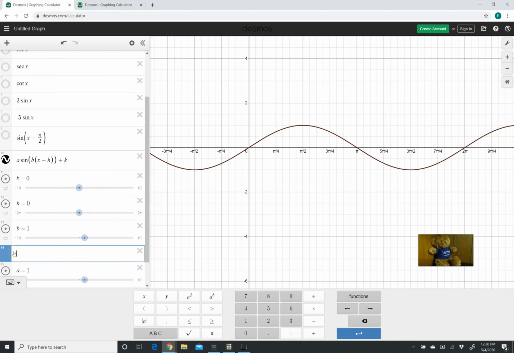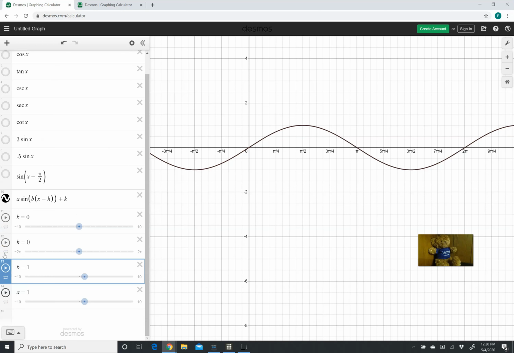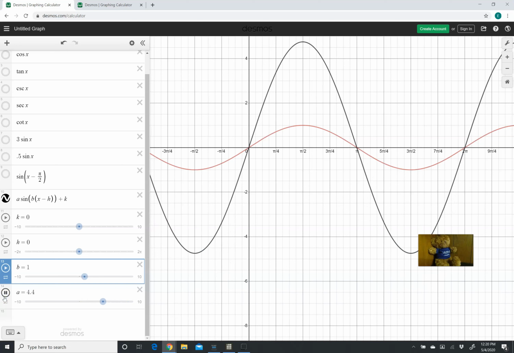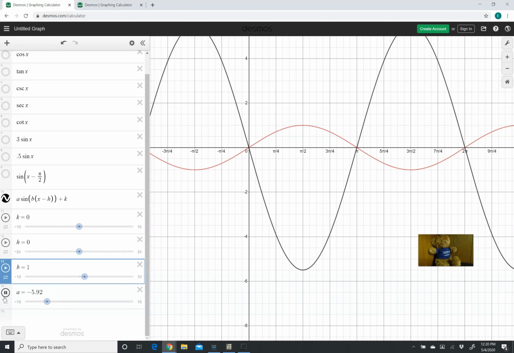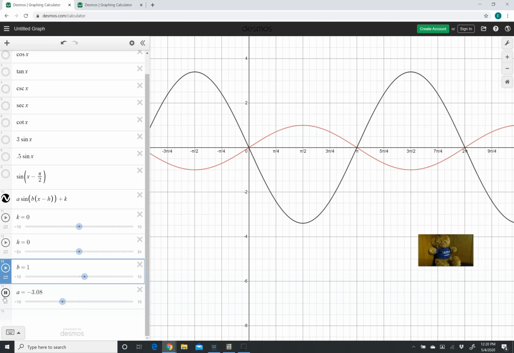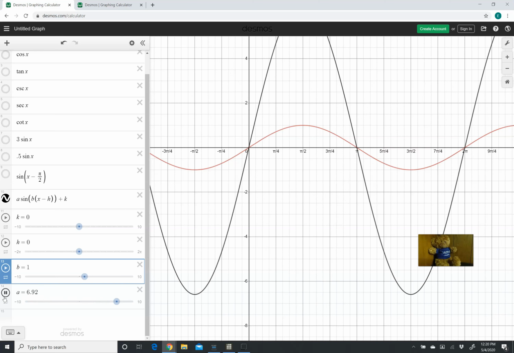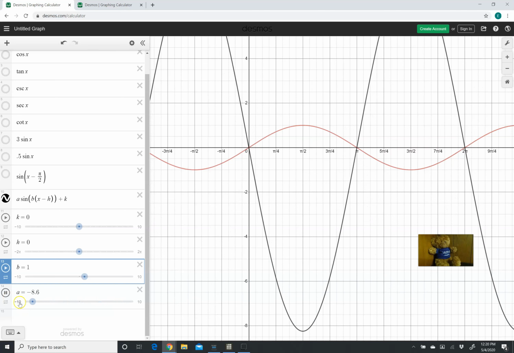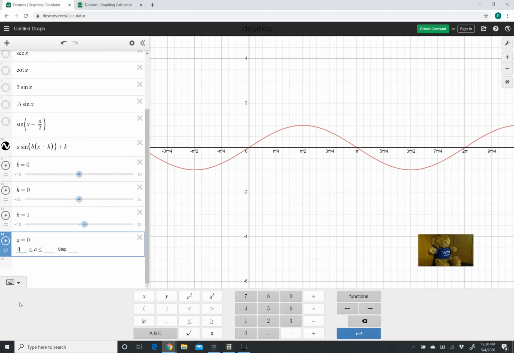Okay, and now let's do the A. So the A is going to make it stretch, vertically stretch it, or vertically shrink it. When the A gets really large, you can see that the maximums get very large, okay? And when the A gets small, okay, then it's getting very small. So this should go from 0 to 10.